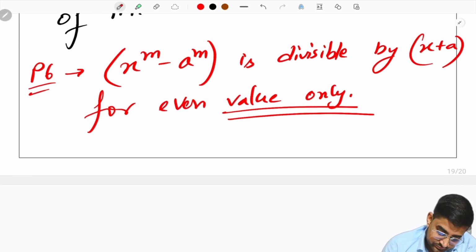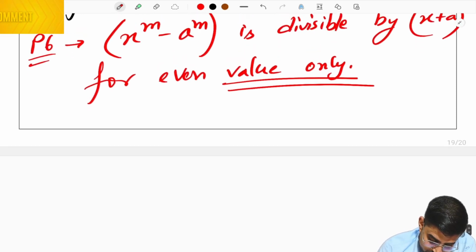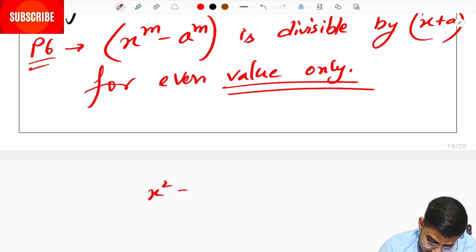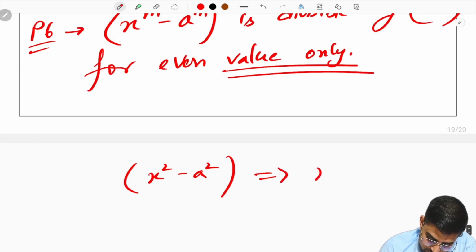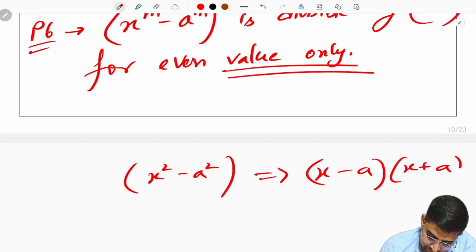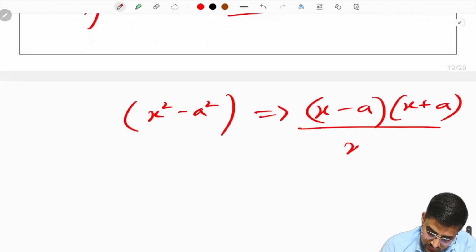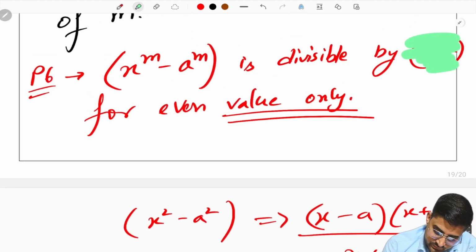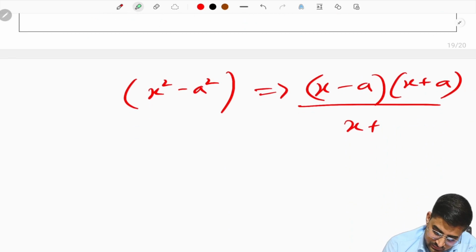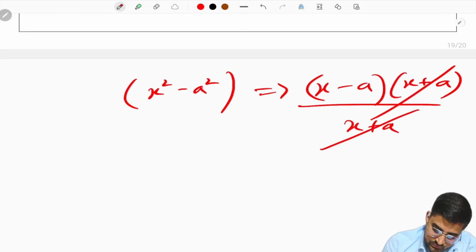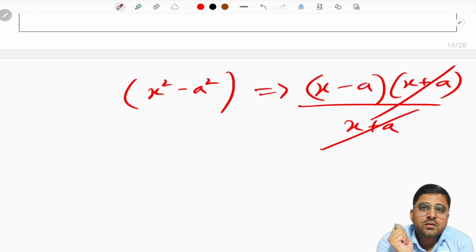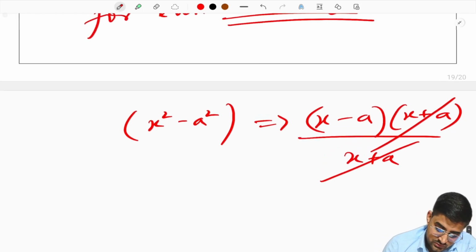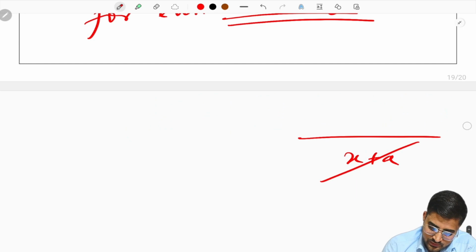See, if we take the square, then this becomes this, and if we divide by x plus a, then this part gets divided. So these are the basic explanation of the property.